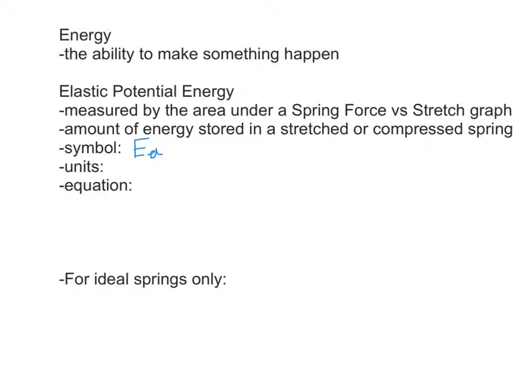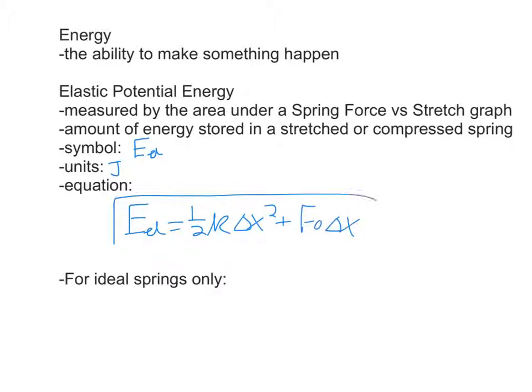The units for energy are joules, and the equation is E_el equals 1/2 k delta x squared plus F sub 0 delta x. So the E_el is your elastic potential energy. Your k is the spring constant.